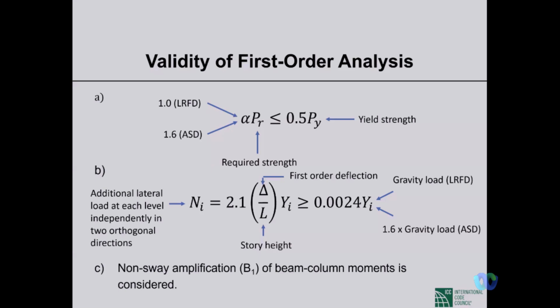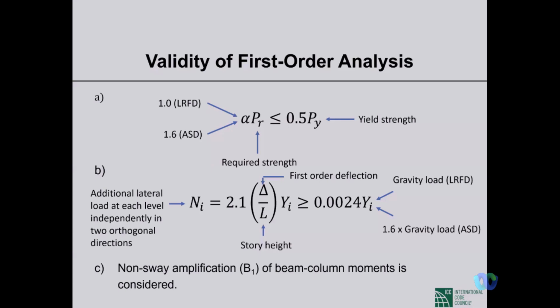So now, first order analysis. And for first order analysis, these are the conditions. The first one is that if the required strength, that is the demand, is much smaller than the actual capacity of the section, then we can go for first order analysis.